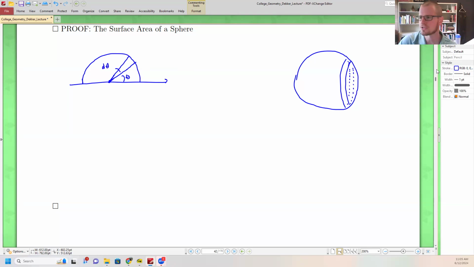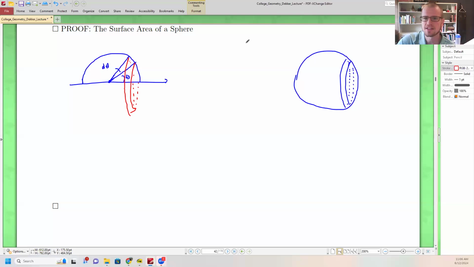Then we're going to revolve this part here. So it's not a flat line or a vertical line, which is a little different from what we've done in the past, and that's okay.